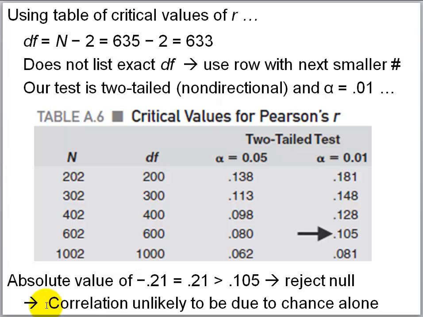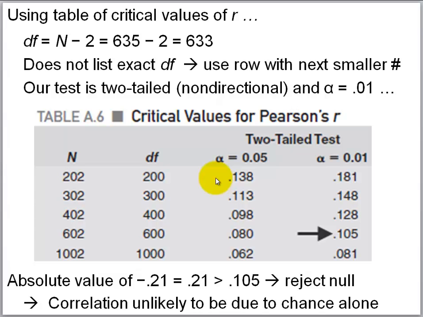Before we go on to the next slide, let's just take a look at the critical values of r, say where alpha is equal to 0.05, for different sample sizes. Do observe that the absolute value of r that is required to reject the null decreases as sample size increases.